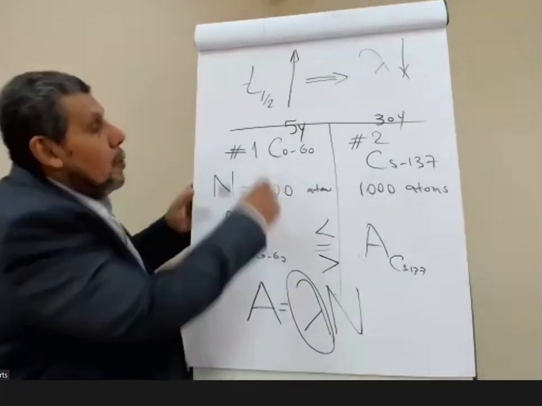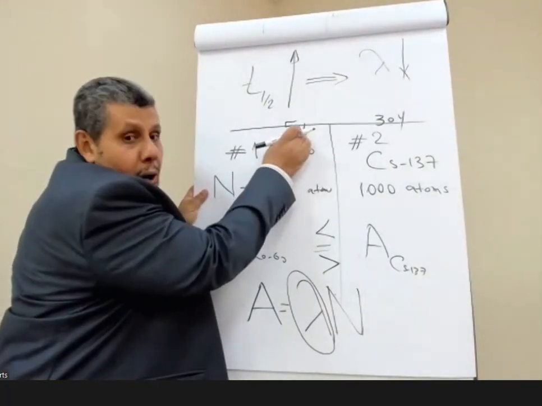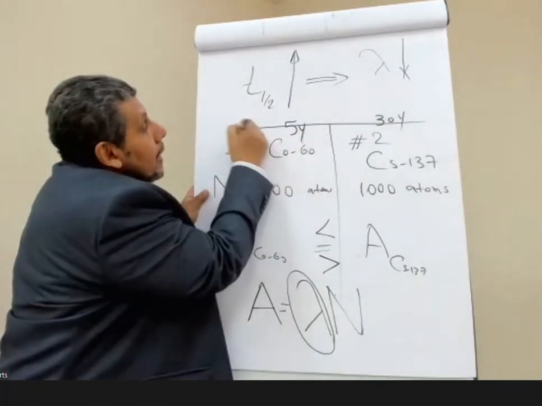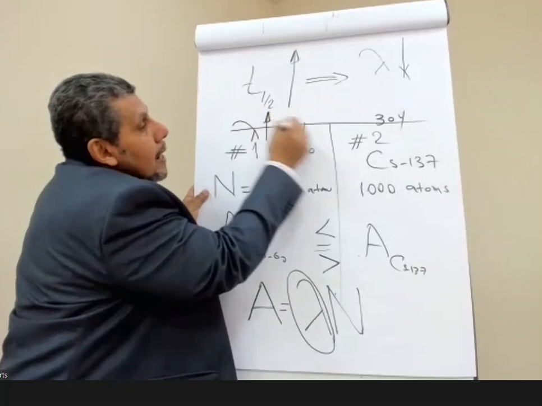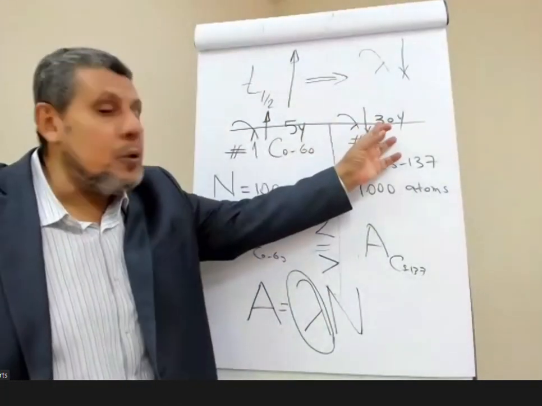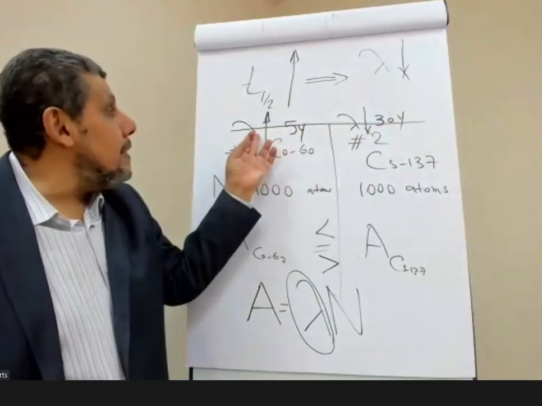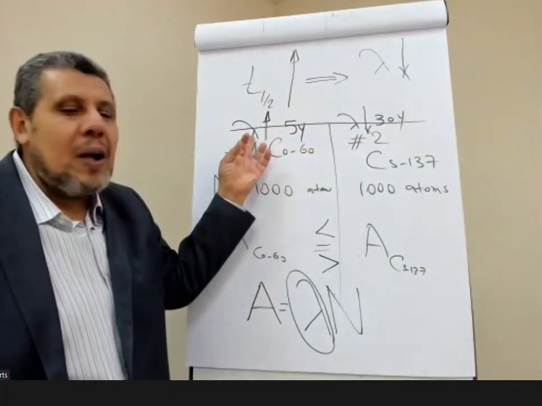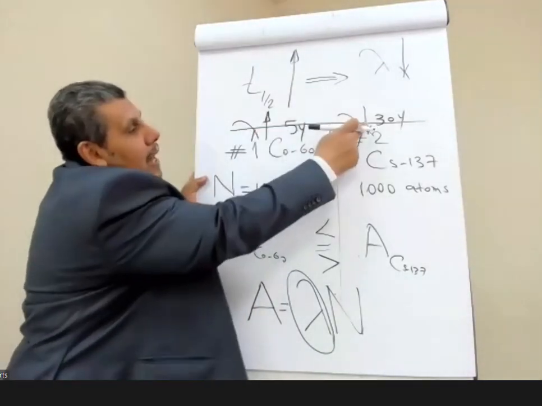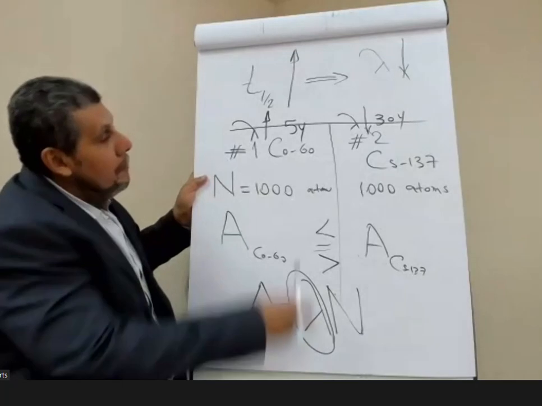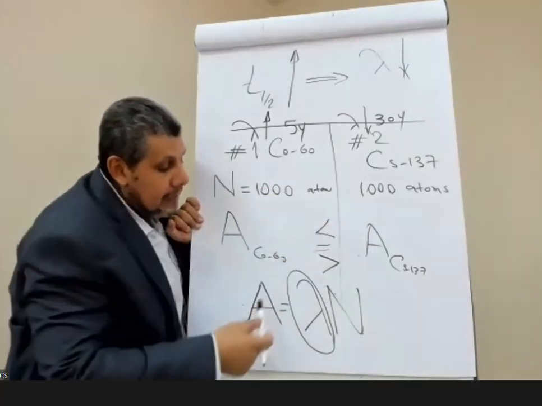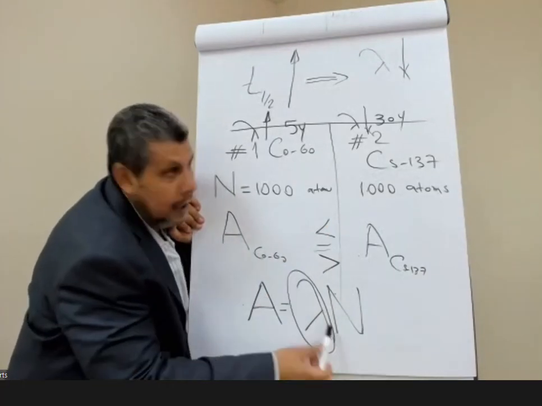Here, we have a lower half-life than 30, meaning lambda here is higher than lambda for cesium. It takes a long time to decay, 30 years, but here it takes only 5 years, a lower time. So the probability here is higher than the probability here. If I give you equal numbers, the activity depends on lambda.